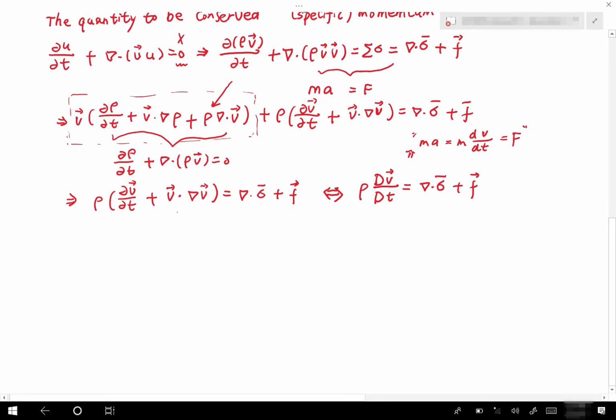Rho is the material property, so we know it for any problem. But here we have F. F is the body force. Usually, if we know the problem, we can get it. For example, it could be caused by gravity or any type of magnetic forces.